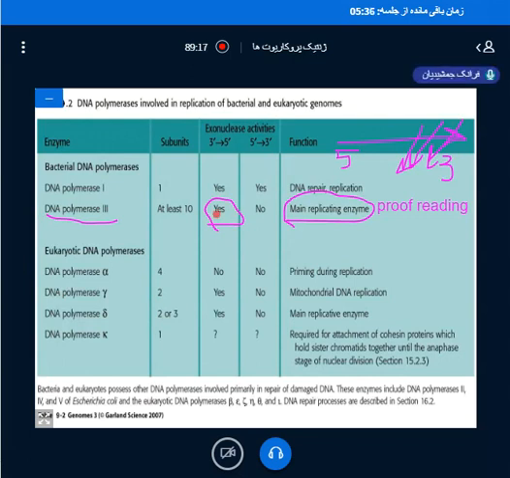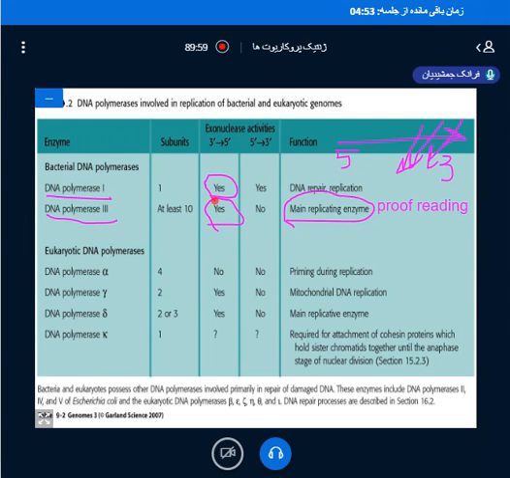So, listen. What about DNA polymerase 1? Let's see DNA polymerase 1. DNA polymerase 1, listen, has 3' to 5' exonuclease activity. I told you 3' to 5' exonuclease activity lets the enzyme do proofreading.